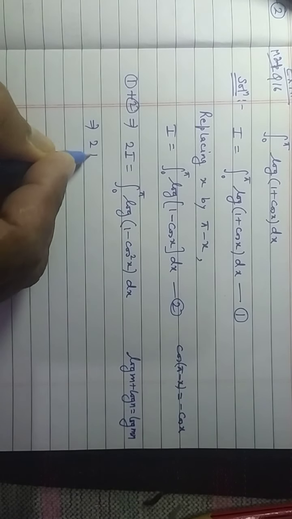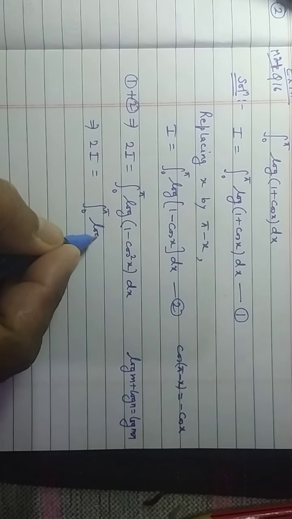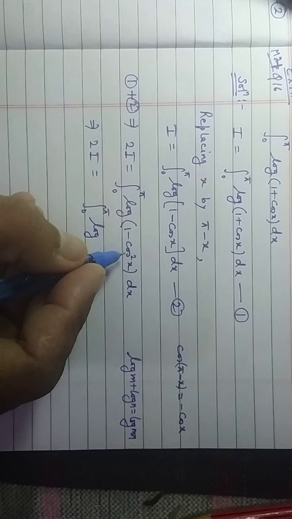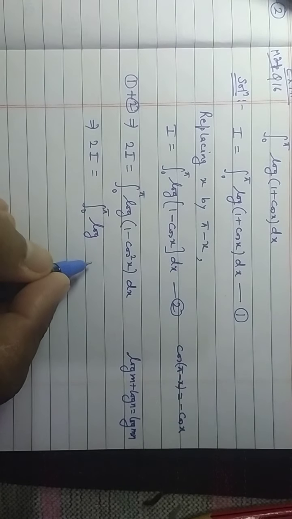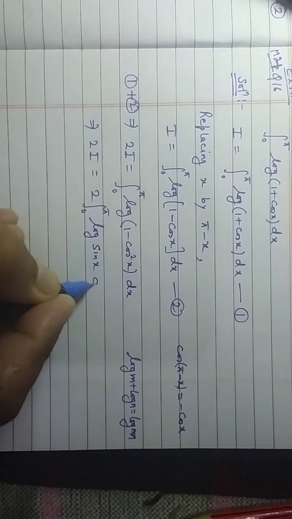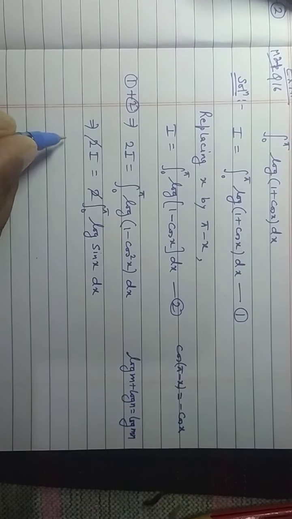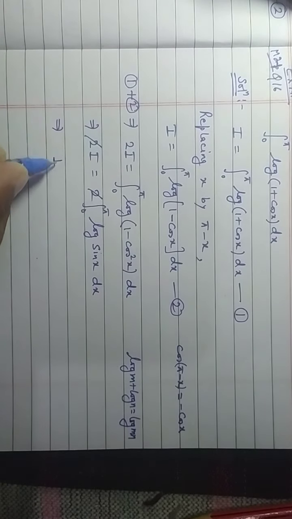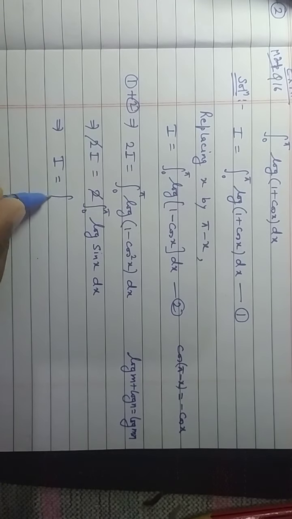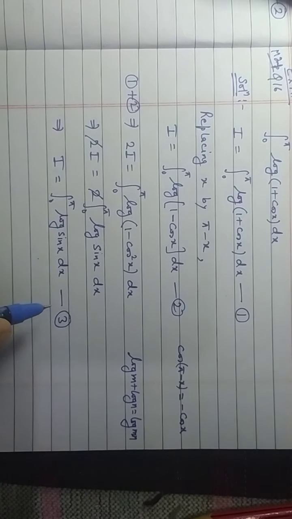So 2I is equal to the integral from 0 to pi of log(1 - cos square x), which is sin square x, and log sin square x, the power will come out and it will leave log sin x. 2 and 2 will get cancelled and I is equal to the integral from 0 to pi of log sin x. Let us say equation number 3.